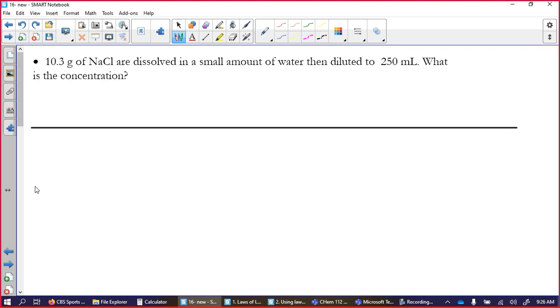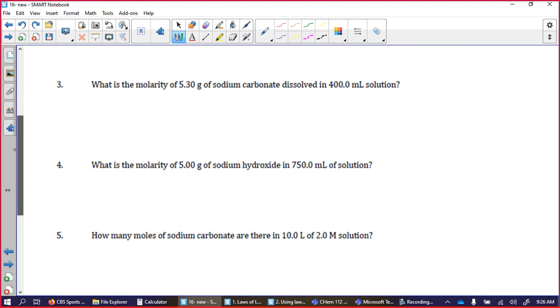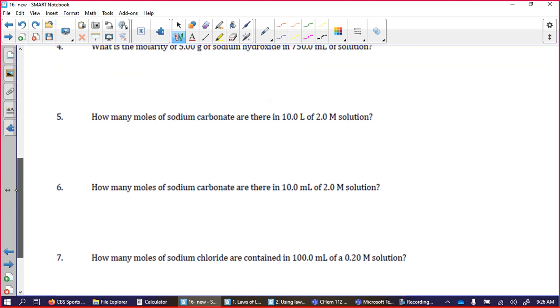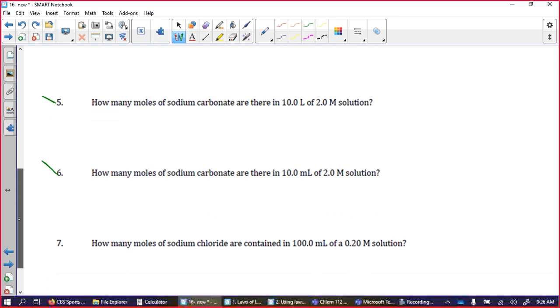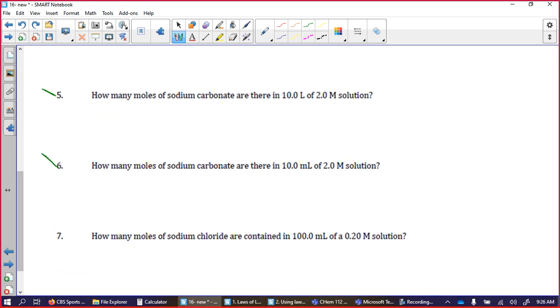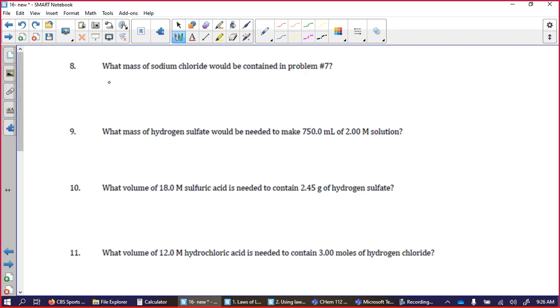What is the concentration if you're given a mass? There are some questions on here, but if you wanted to practice number 5, number 6, number 7, mass, you could start a question like that.